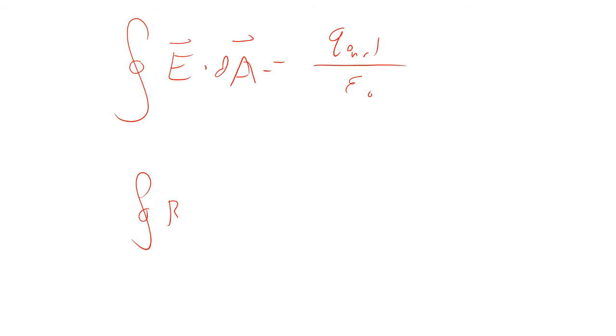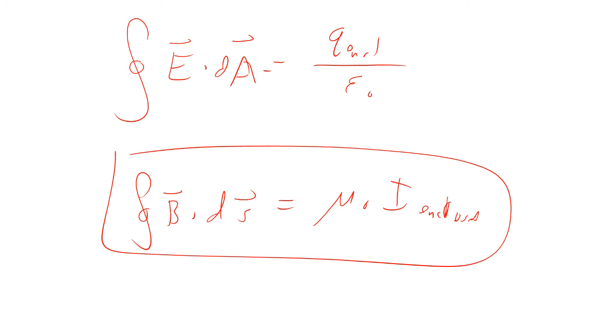Remember, Gauss's law said that the integral across the surface of E dot dA is going to be enclosed charge over epsilon naught. Now this integral B dot ds is going to be equal to mu naught times the enclosed current. So now it's just the enclosed current that's in there.